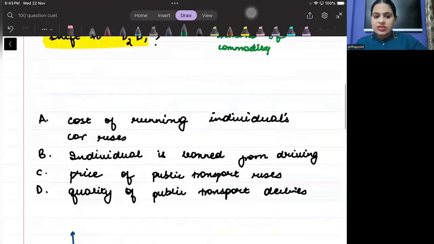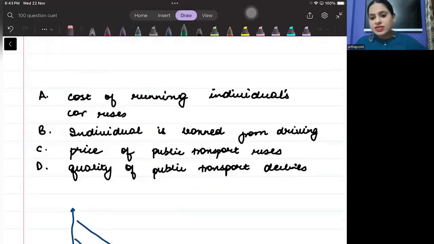Now beta, let's go to the examples. Cost of running an individual car rises.